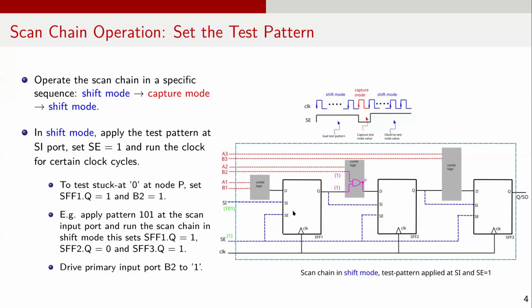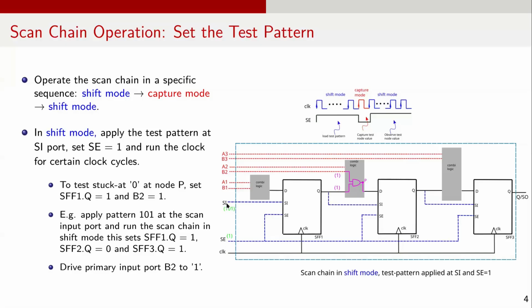In the first step, the scan chain is placed in shift mode to load the desired test pattern into the scan cells. To do this, we apply the test pattern at scan input port SI and set scan enable input port SE to 1. Then run the clock for certain clock cycles, depending on the scan chain length.